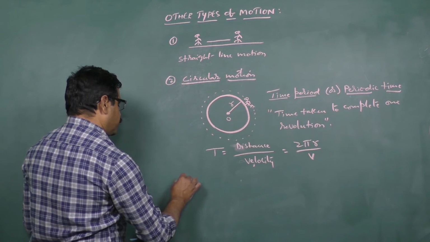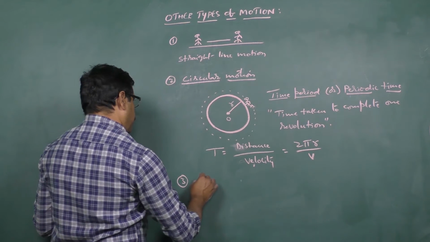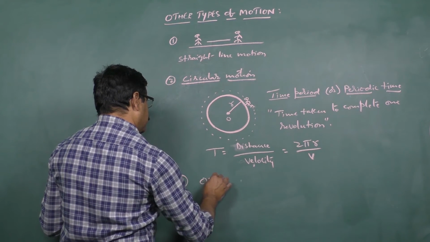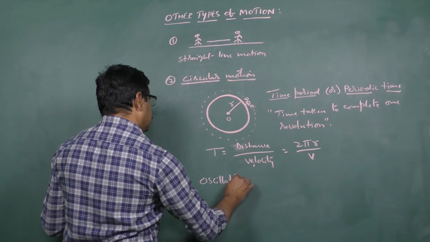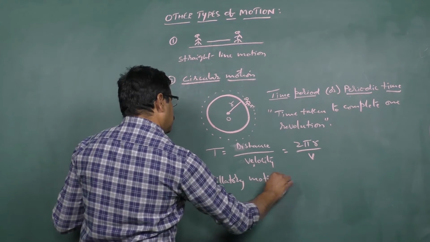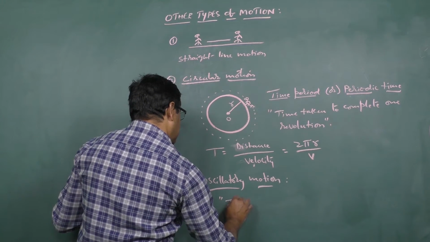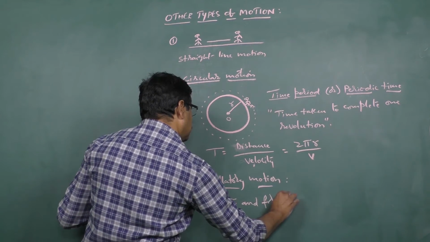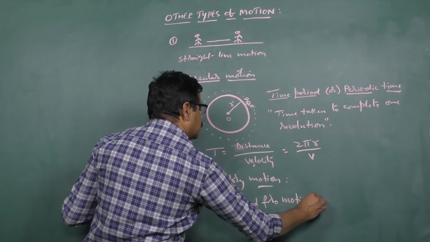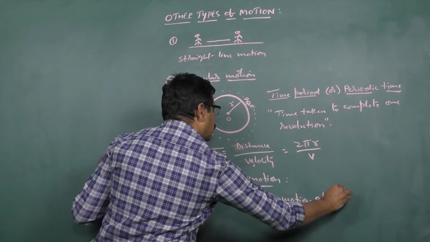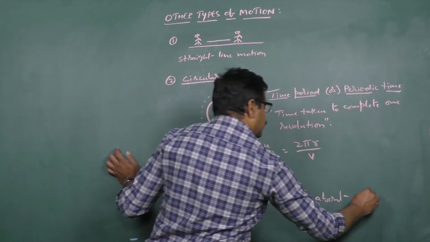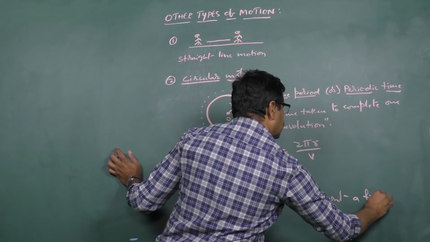The third type of motion you have is oscillatory motion, and this is the to and fro motion about a mean point, about a fixed point.